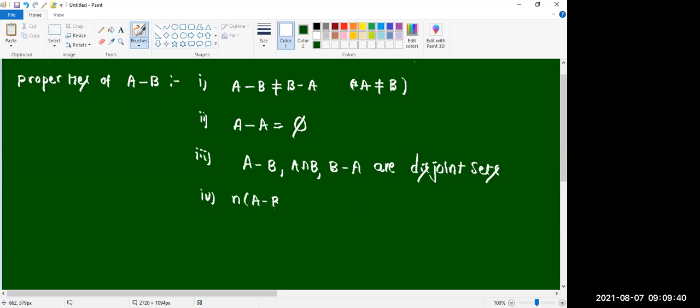One small thing also you write. n of A minus B equal to n of A minus n of A intersection B. Like that, n of B minus A equal to n of B minus n of A intersection B. Only the elements in A: from n of A, we should delete the common elements of A and B. Keep in mind, important.